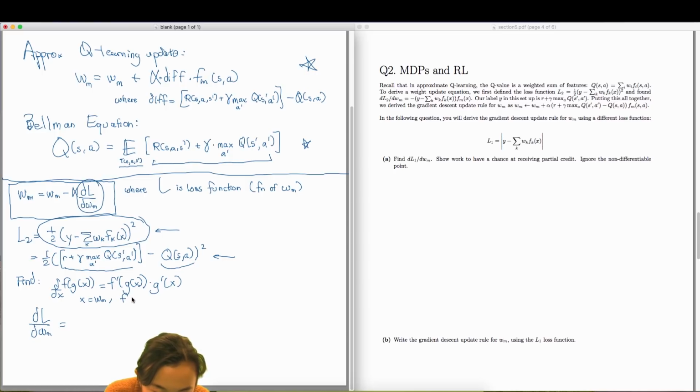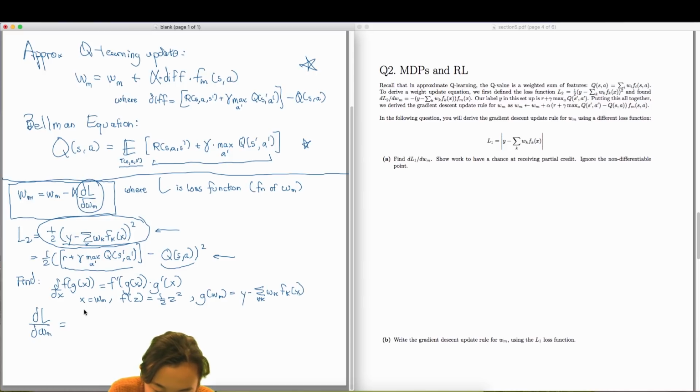the f function, let's say the variable is z, is just 1/2 z squared, where this portion is z, and g is just going to be this portion, y minus Q. That makes things much clearer.